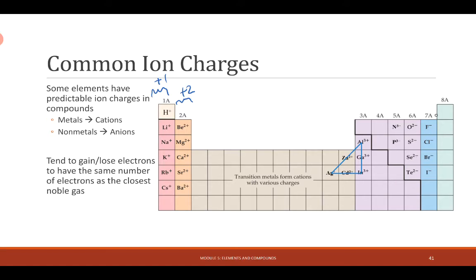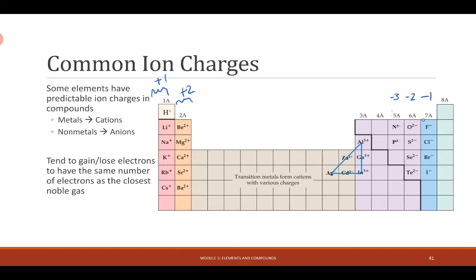On the other side of the periodic table, we have common ion charges of -1, -2, and 3-. And so you can see those common ion charges.